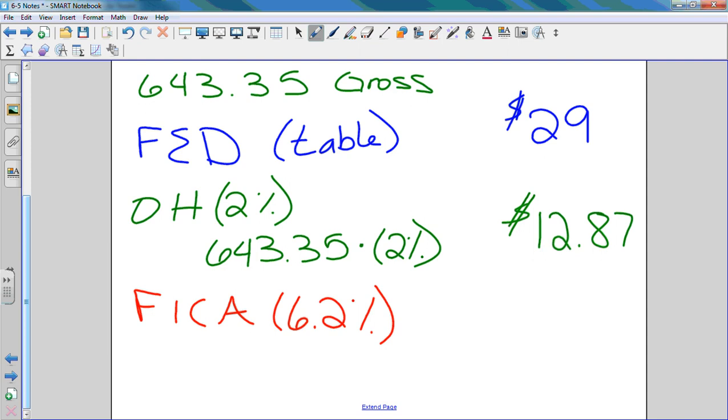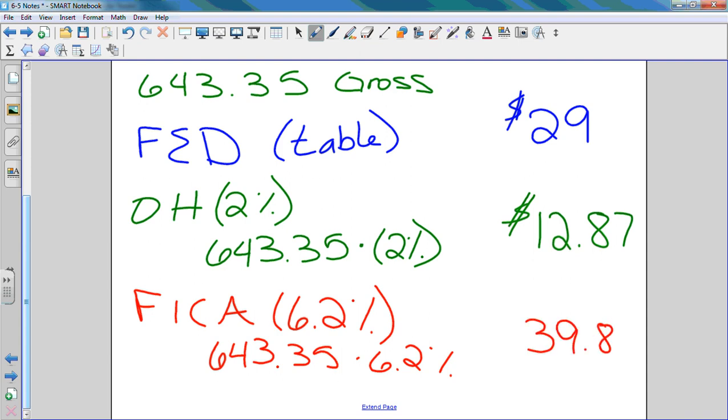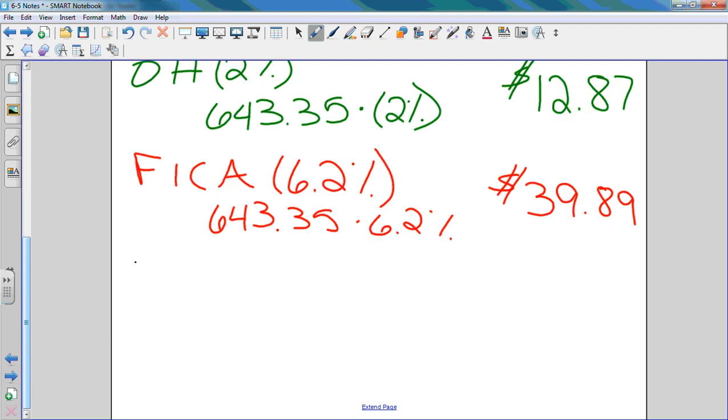So take your gross, 643.35, times 6.2%. What do you get? $39.89. After FICA, Medicare. How much do we have to pay in Medicare?